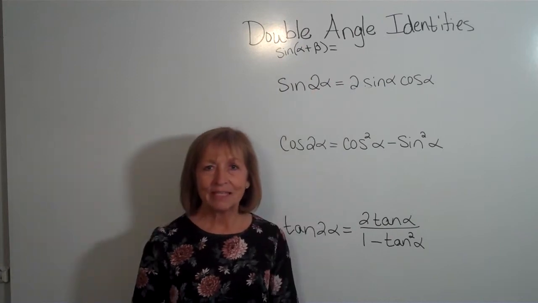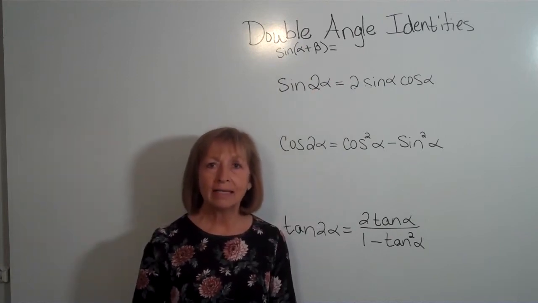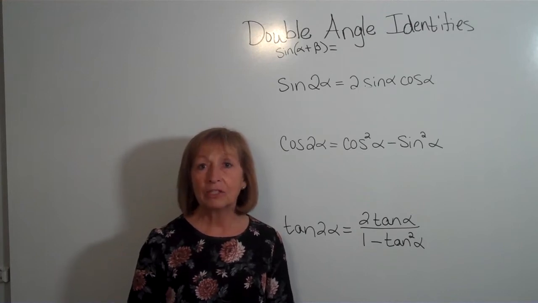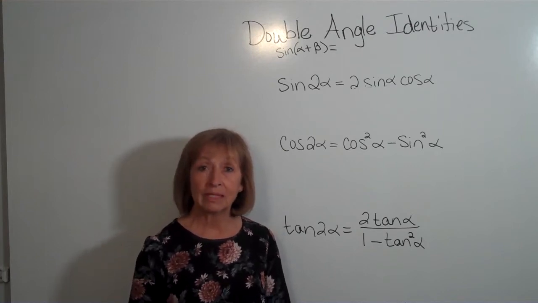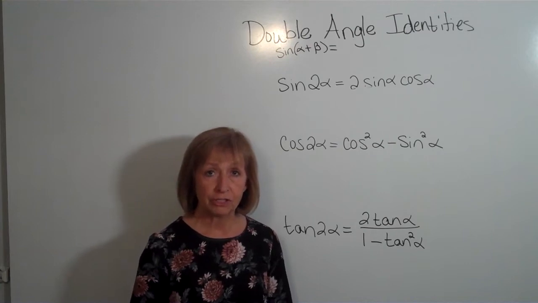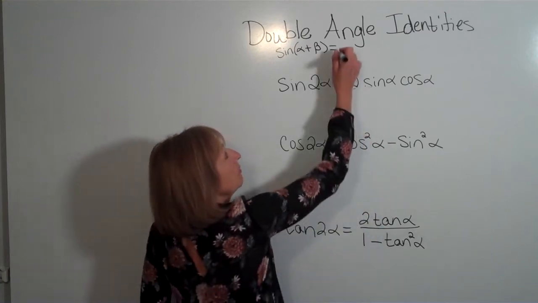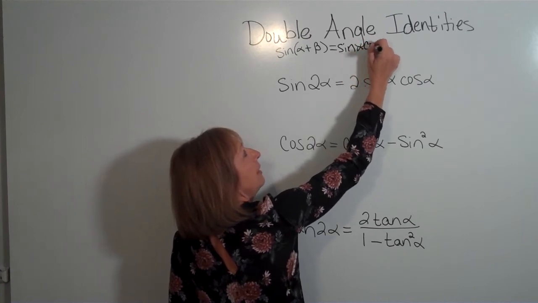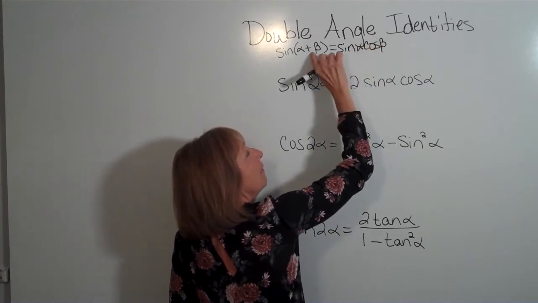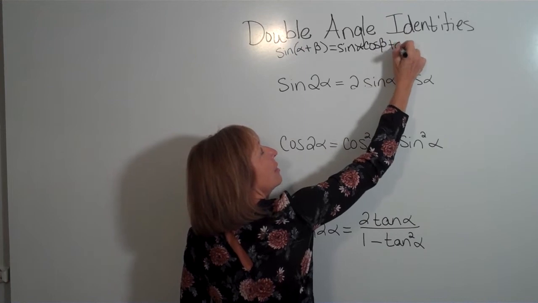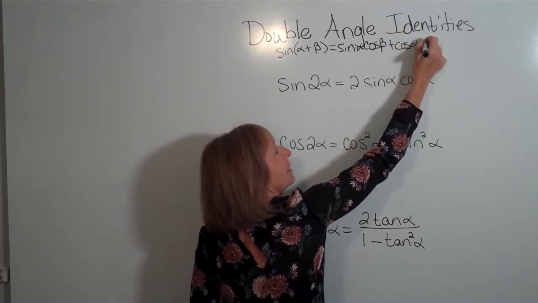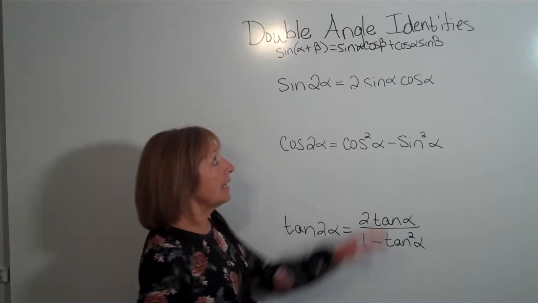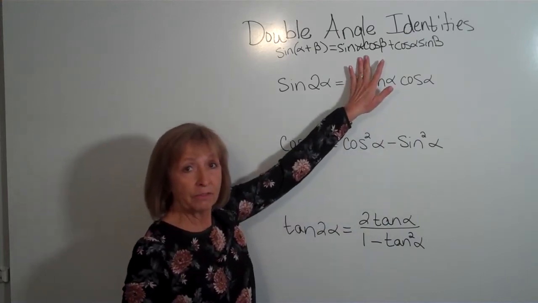The memory device for this is that with the sine of the sum of 2 angles, the sign between the terms matches what you did with the angles, but the trig functions don't. So this is going to be the sine of alpha cosine of beta plus the cosine of alpha times the sine of beta. And that's what we had for the sum of 2 angles.